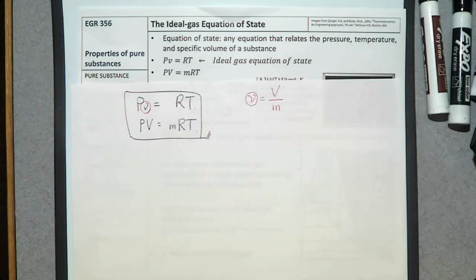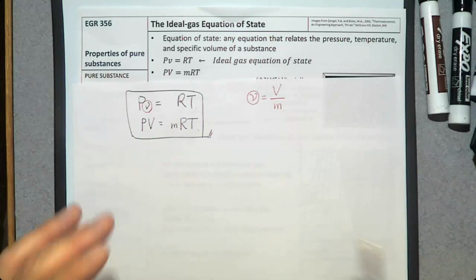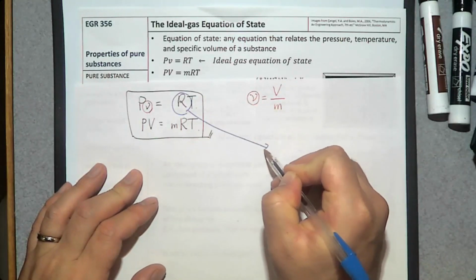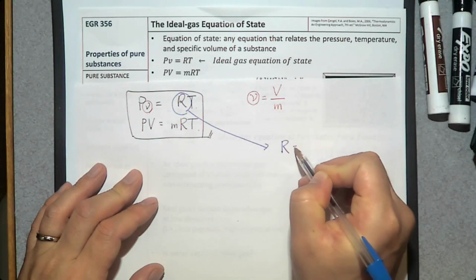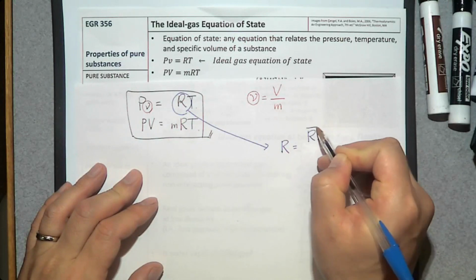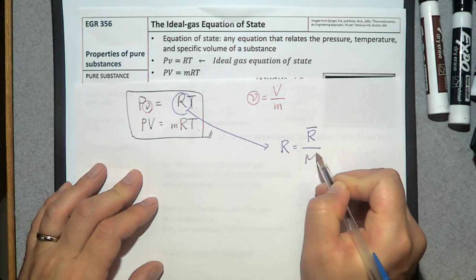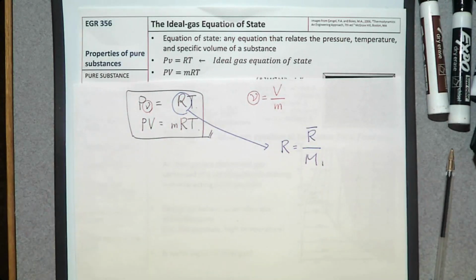Then how can we determine this gas constant R? This gas constant R is material specific. So there's a gas constant for air, a gas constant for oxygen, a gas constant for nitrogen. So each gas has its own gas constant. Then how can we determine that? Of course, we can use a table, but there's another way to determine this gas constant, which is R bar divided by M. This R bar is called the universal gas constant.